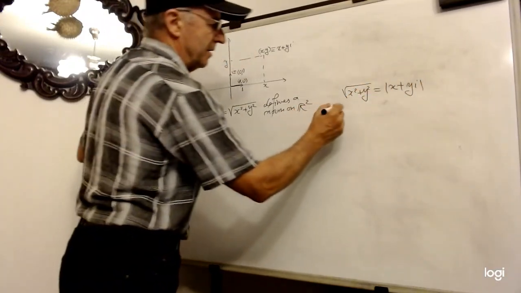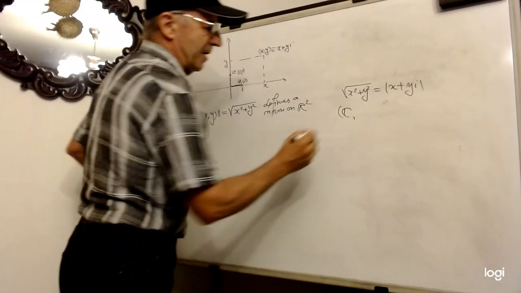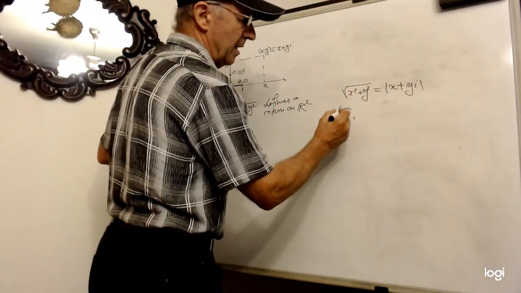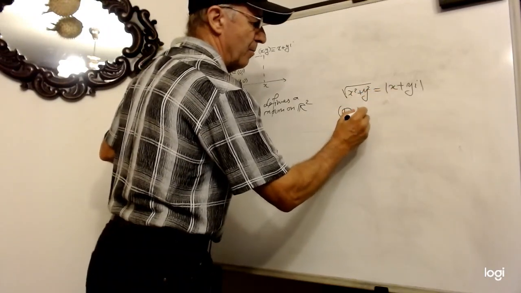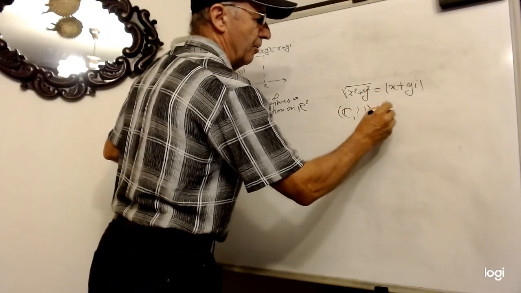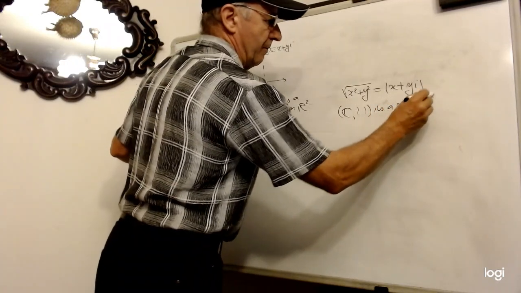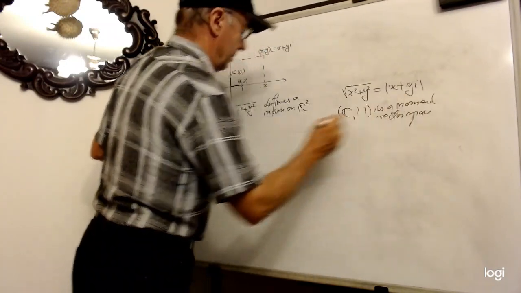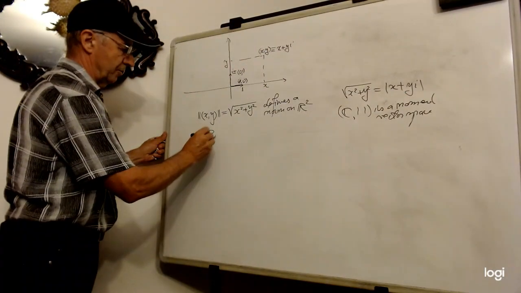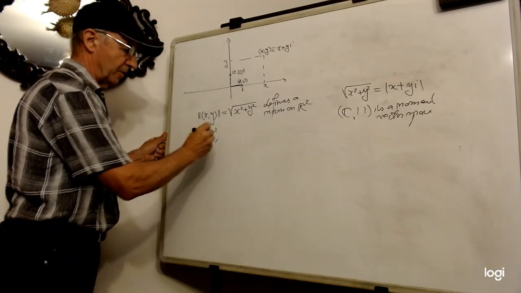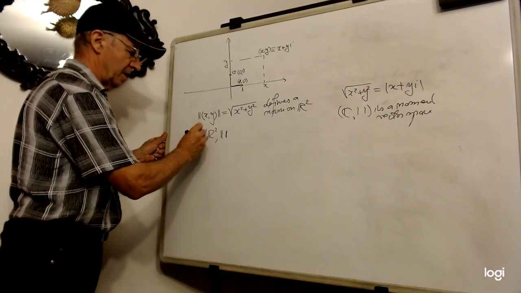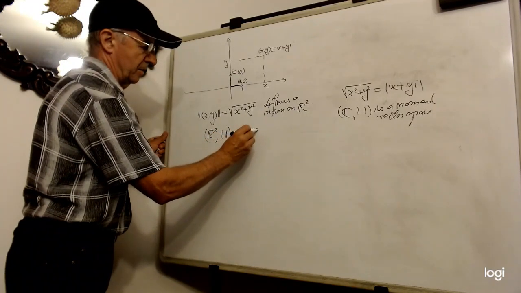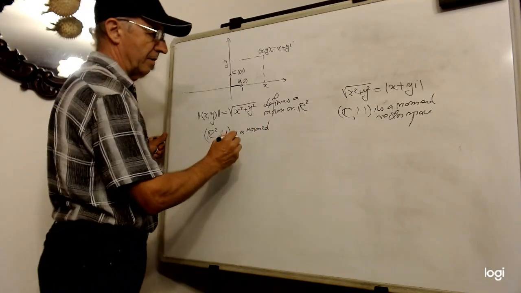So C, the real vector space of all the complex numbers considered with the modulus, is a normed vector space. And evidently, R2 considered together with this norm is also a normed vector space.